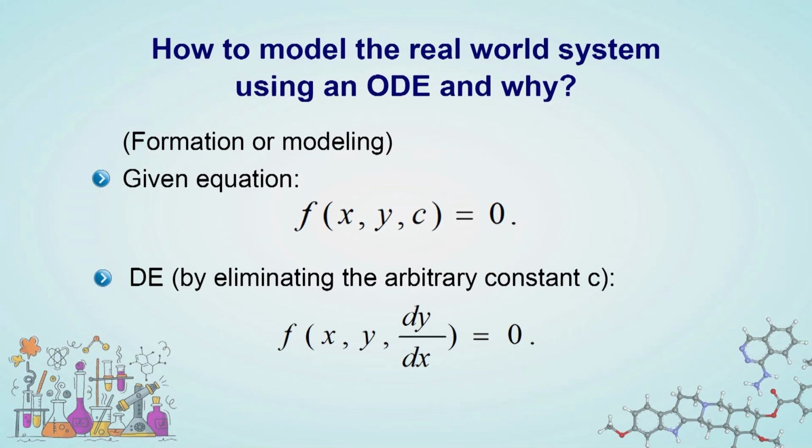This is the only objective: to transform any equation into a differential equation, or an ordinary differential equation. Then the ordinary differential equation is just an equation which involves variables x and y with derivatives dy by dx.